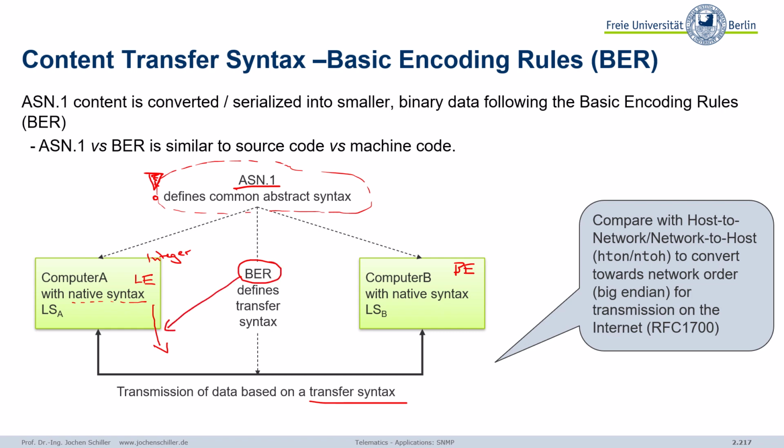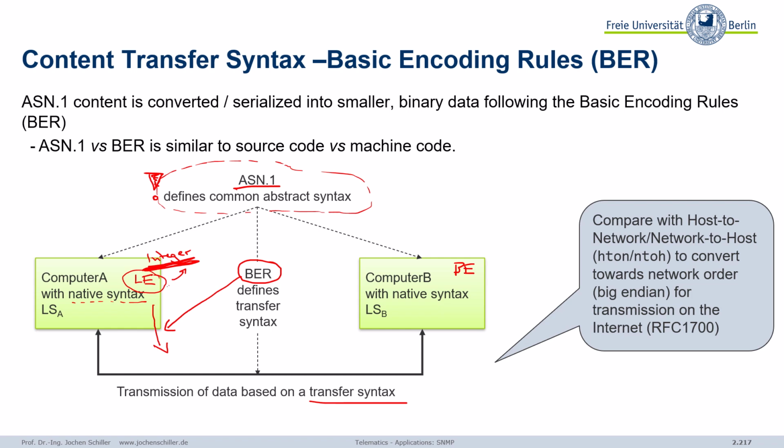So we have certain rules telling us, okay, you have an abstract definition, an integer. You have to code it in the following way for transfer. And then it's up to computer A to take its little endian native syntax, knowing that this is an integer.